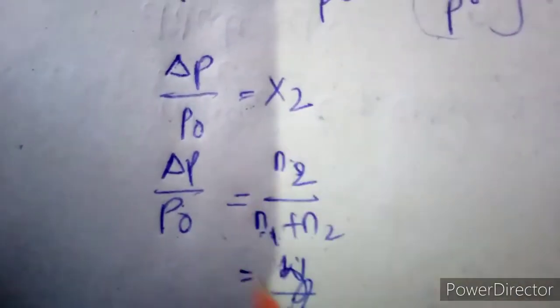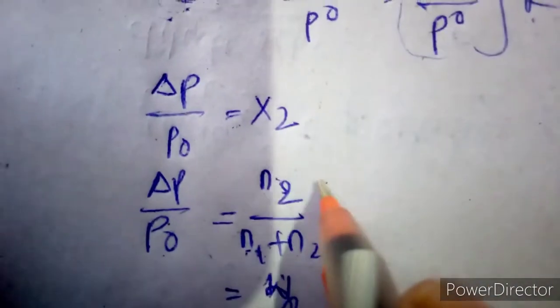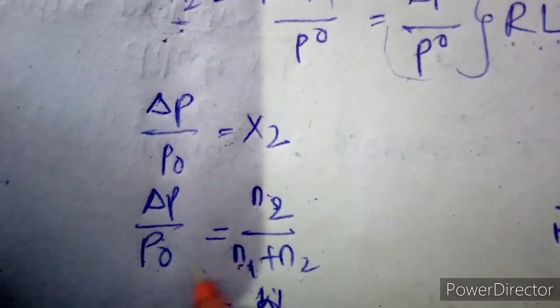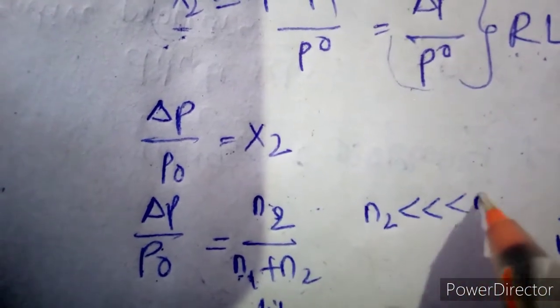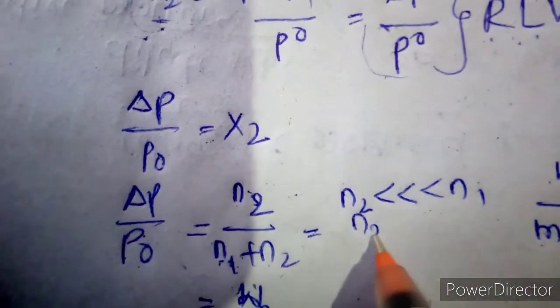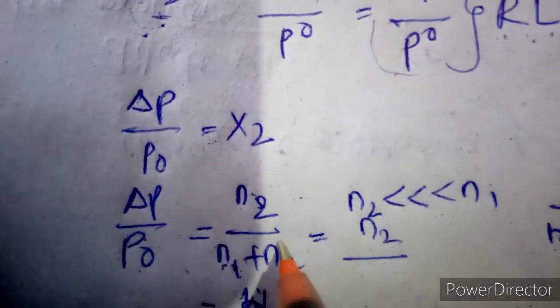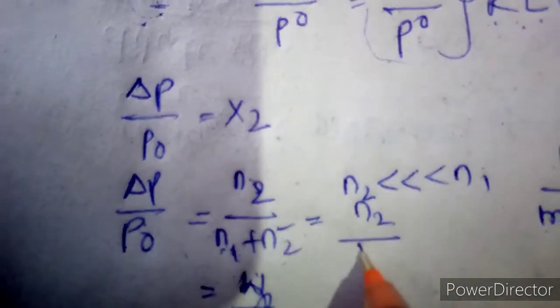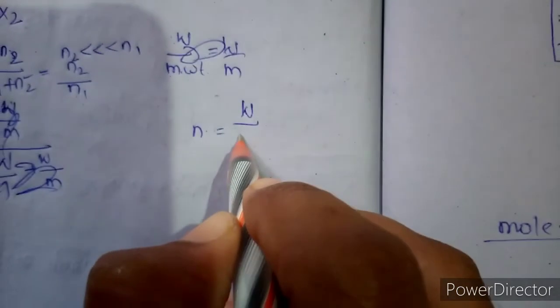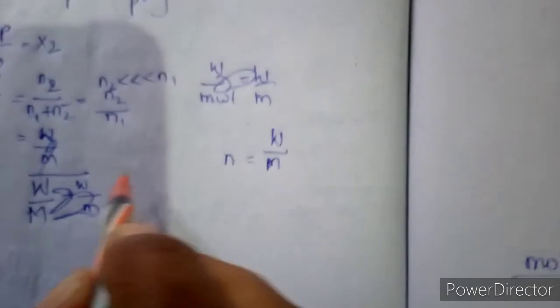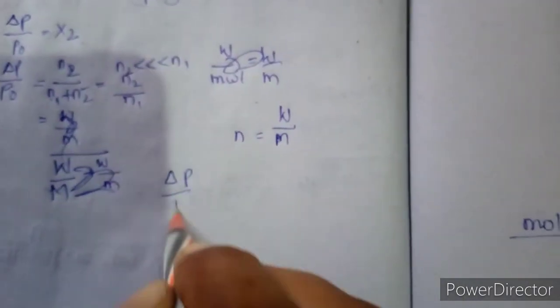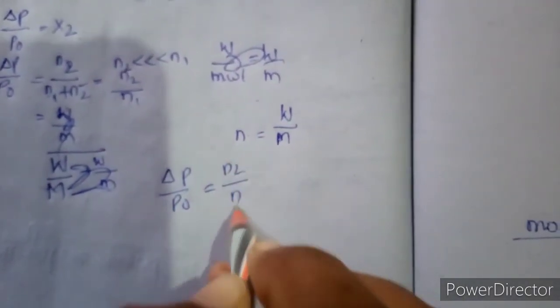In dilute solutions, the number of solute particles present is very small, so we can neglect it: N2 is very much less than N1. Number of moles is equal to weight by gram molecular weight M. So delta P by P0 is equal to N2 by N1.